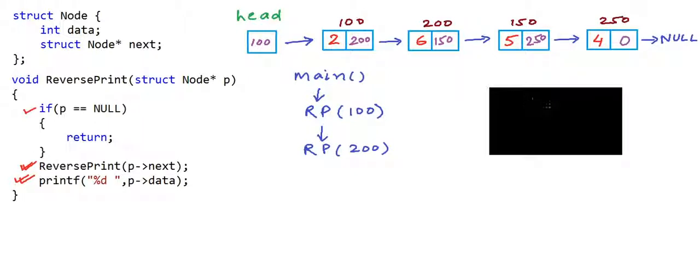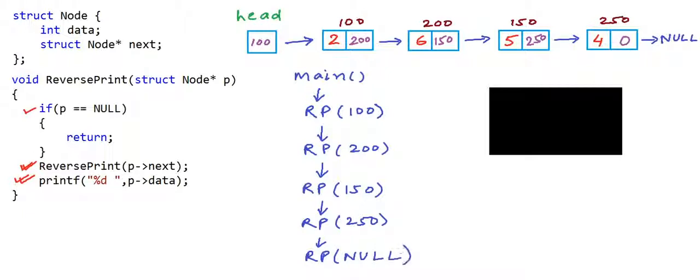Nothing will be written on the console, and once again this function will make a recursive call, and once again this function will make a recursive call like this, and finally we will have a recursive call where the function is passed address null. At this stage we come to the exit condition in the recursion. The recursion will not grow any further.